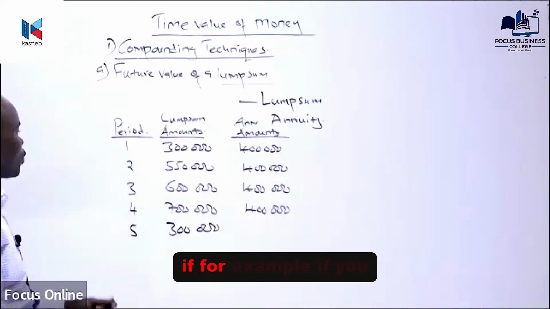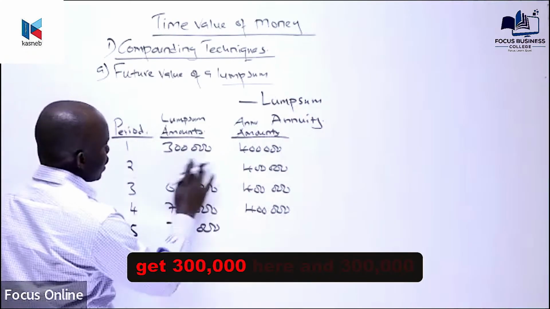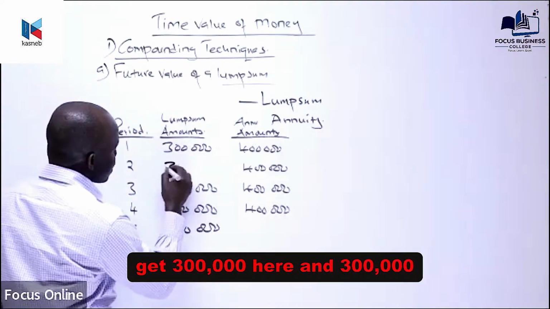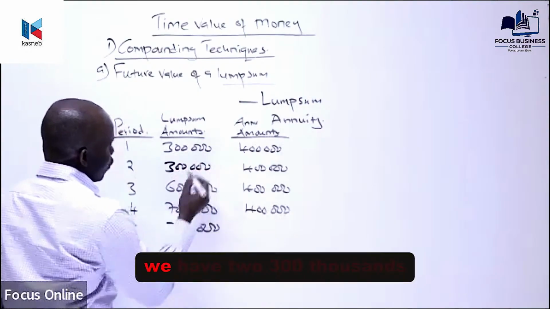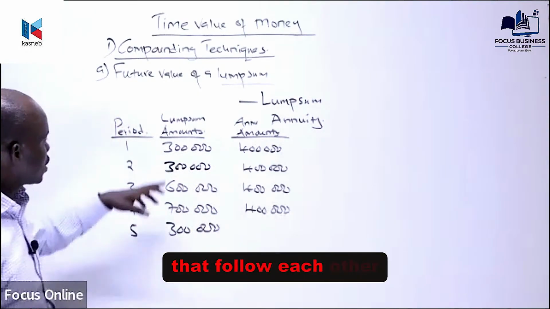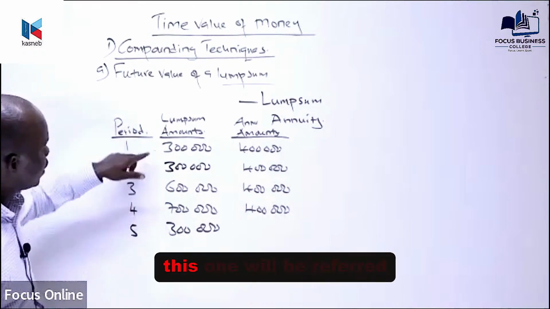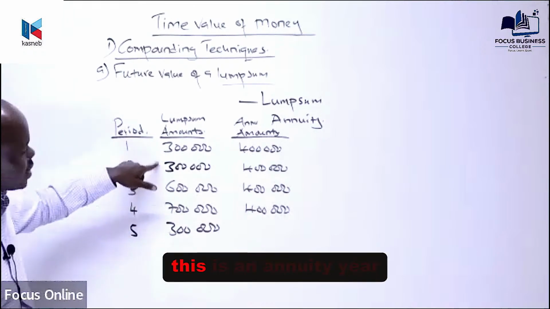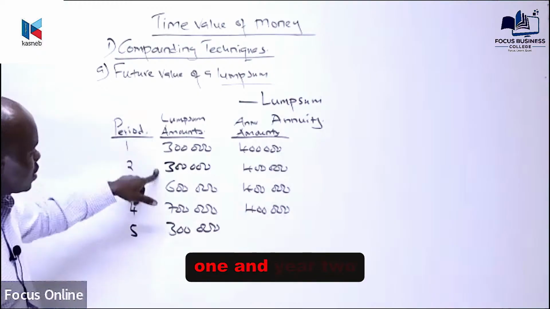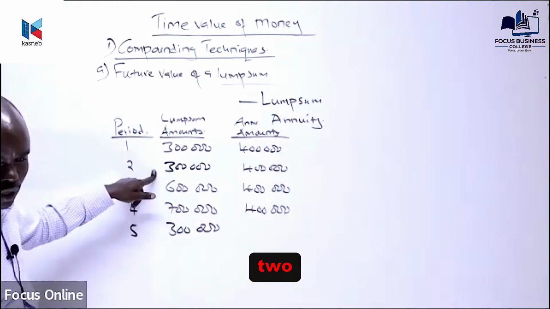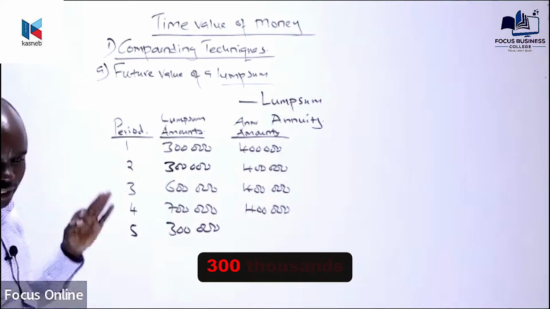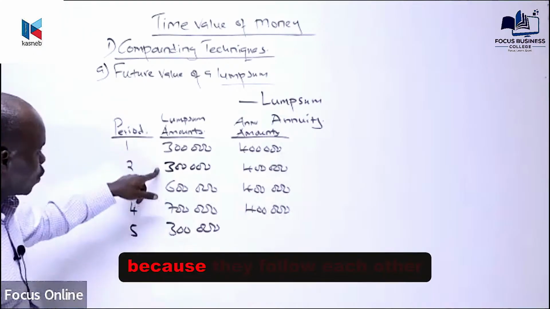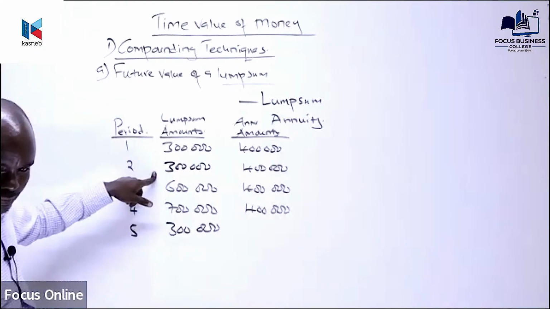However, if you get 300,000 here and 300,000 here, we have two 300,000s that follow each other. This one will be referred to as an annuity. Year 1 and year 2, or period 1 and period 2, we have an annuity of 300,000 because they follow each other.